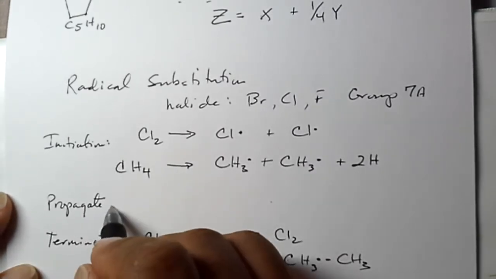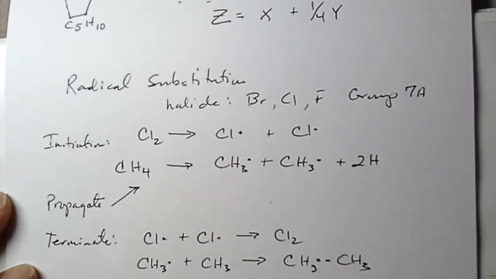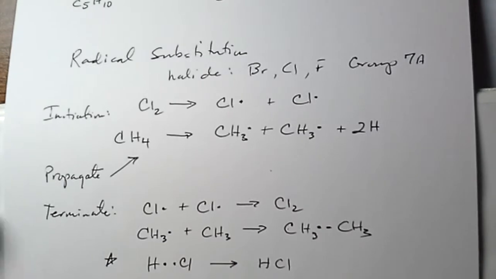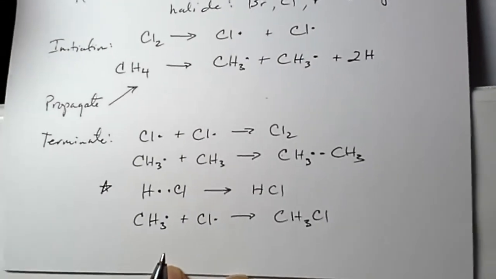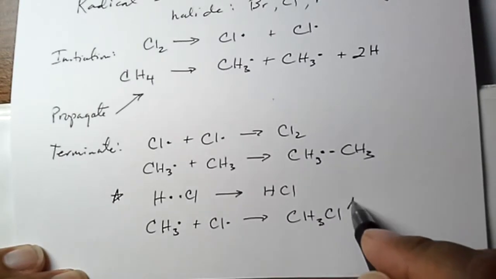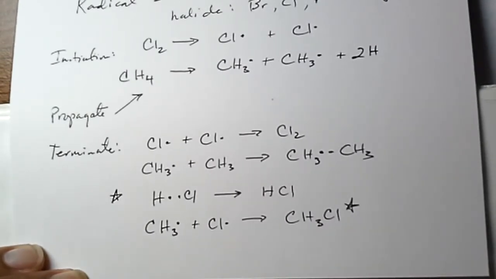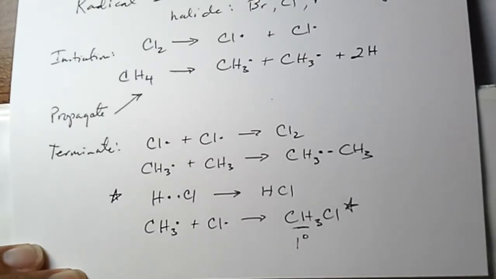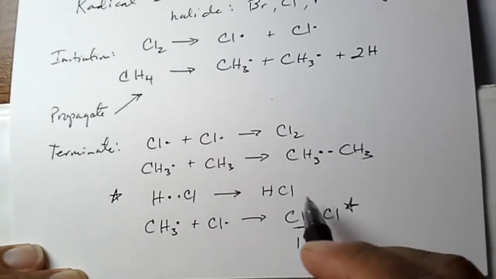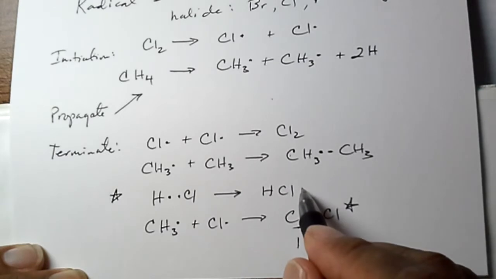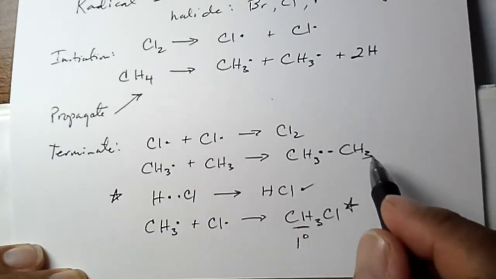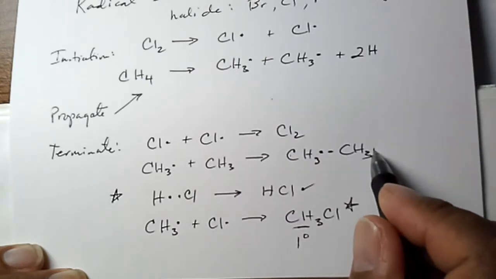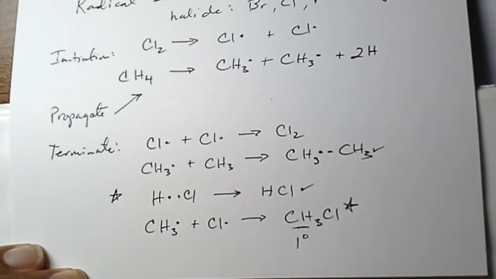And this process tends to favor the production of our substituted alkane, because this is a primary carbon radical, versus the halide and the symmetrical alkyl product.